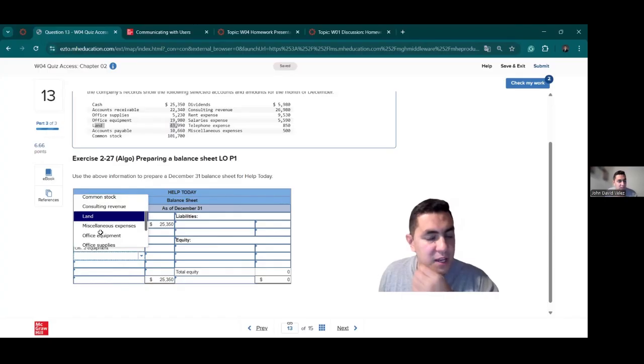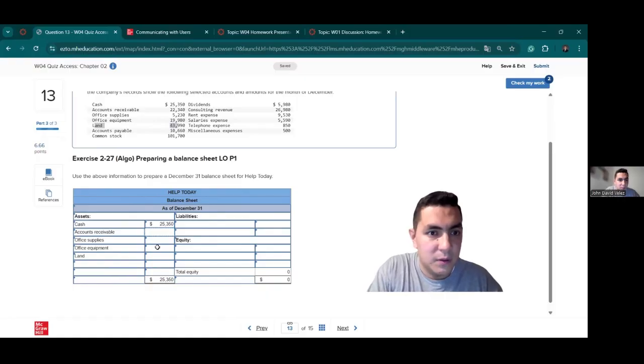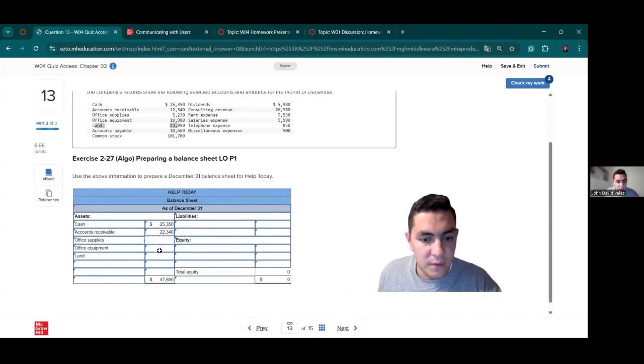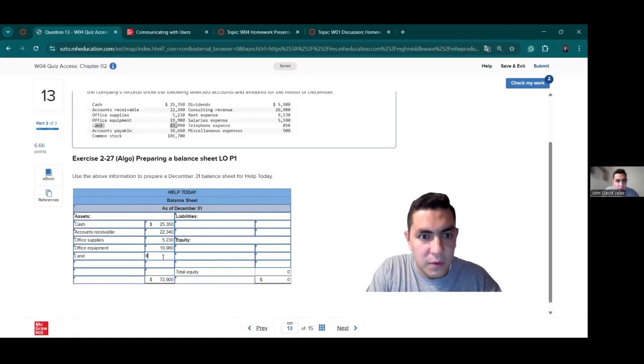All those are asset accounts. We already have accounts receivable 22,340. For the office supplies, we have 5,230. For the office equipment, we have 19,980. And for the land, we have 43,990.